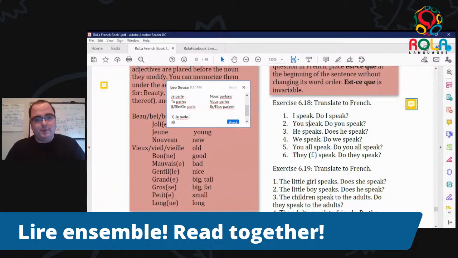Point. Period. Do I speak? Now, just like we learned up here, we need est-ce que to make a question. So we say est-ce que, with a tiret. In French, you call that a tiret, the little line. Est-ce que je parle? That means, do I speak?